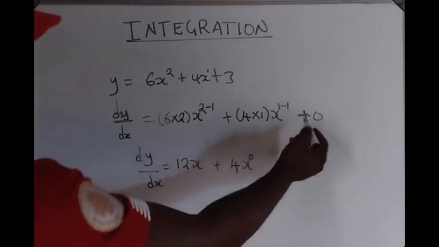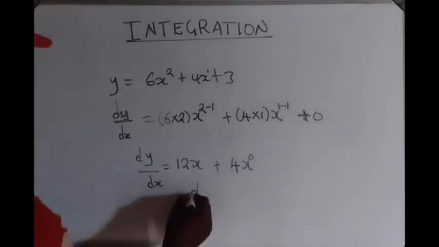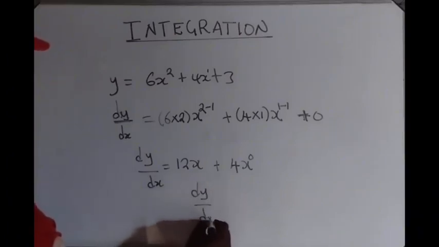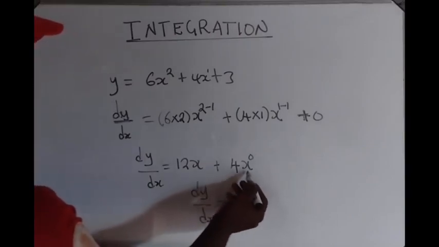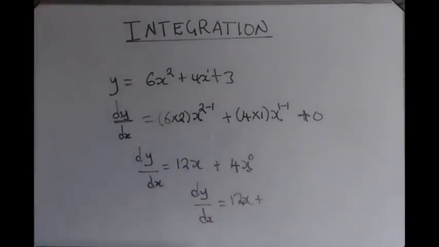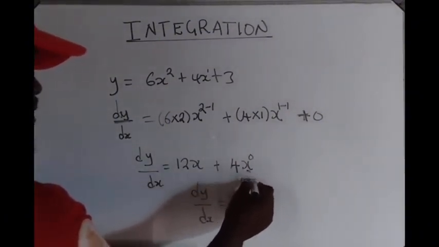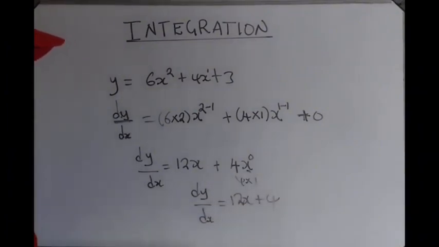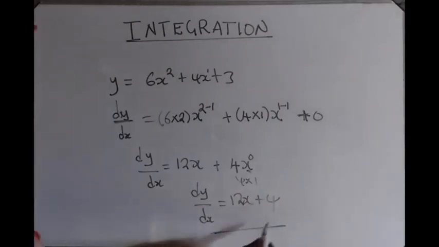So dy/dx = 12x + 4, because x is raised to the power of 0, and any number raised to the power of 0 is 1. So 4 times 1 gives us 4. This is our answer, the differentiated function.